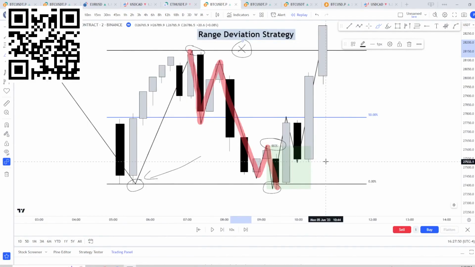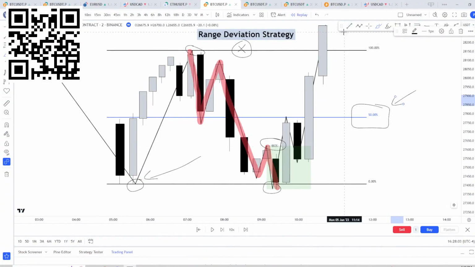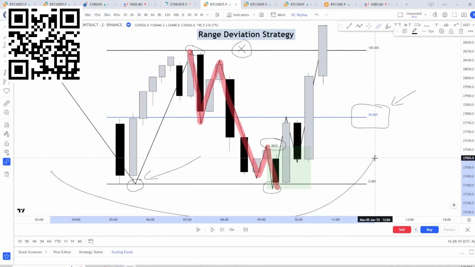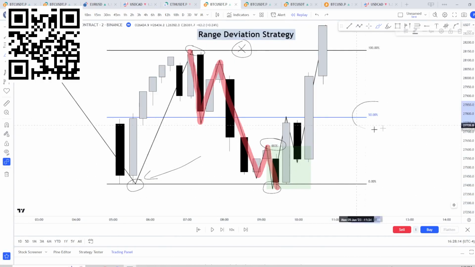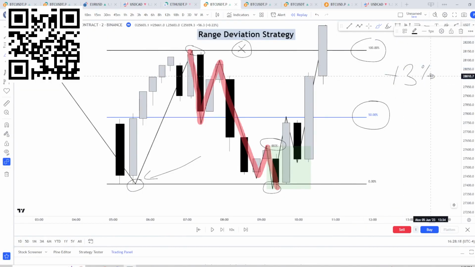With this strategy, depending on the size of the range, if it's a larger range and we're talking $500, $600, $700 plus on Bitcoin, you may want to consider taking off half of your trade at the midpoint of that range. So for the most part, unless I think it's going to really run, like we're talking that this could very well be a significant bottom on whatever asset I'm trading, I generally take off 50% here and 50% here, leaving me with a 3 risk reward, or 3% gain.